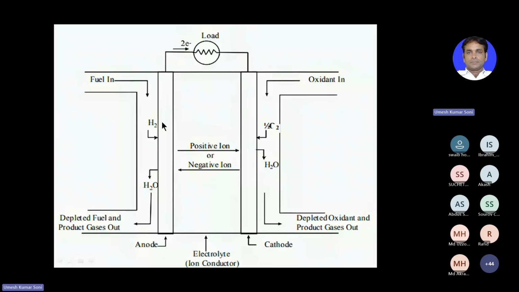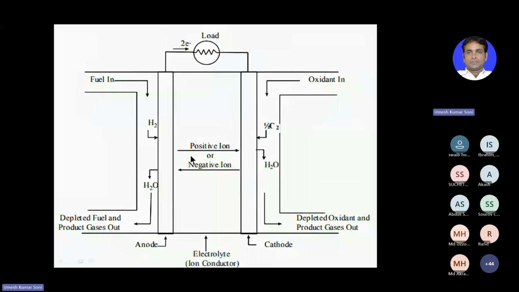So here once the hydrogen is given, the electrons are released in this direction, and there are positive hydrogen ions which transfer from this plate, this anode, to here, and this is porous. This is the electrolyte portion.